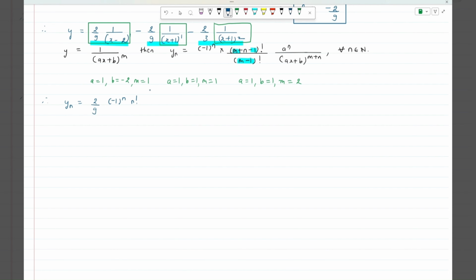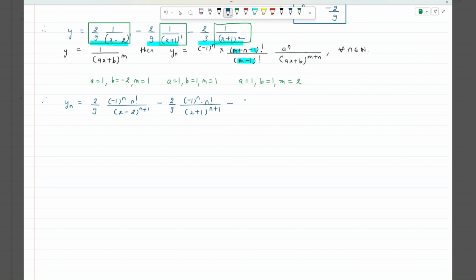And then a raised to n, since a is 1, we can avoid writing 1 raised to n. And in the denominator, we are going to have (x minus 2) power n plus 1. The second term would be 2 by n minus 1 raised to n, n factorial divided by (x plus 1) raised to n plus 1.